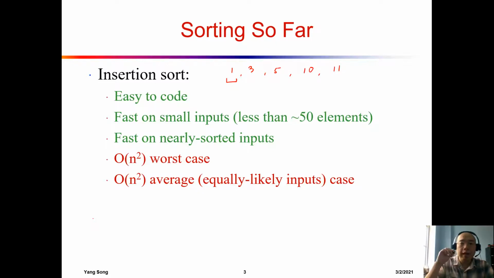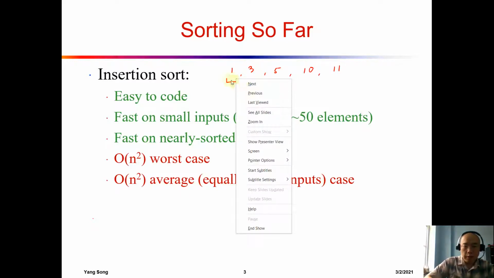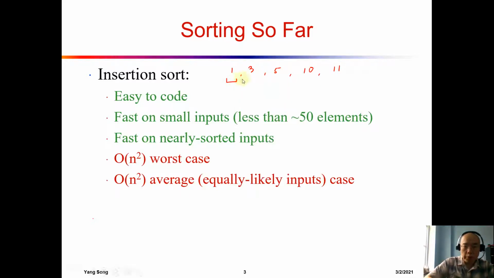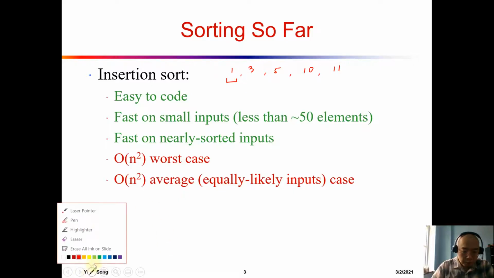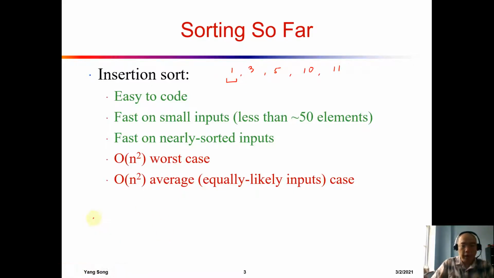And if that new value is not at the right place, we are going to insert it into the right place. Let me expand the sorted portion for now. So let's also include 3. When we include 3, you will see that 3 is already at the right place, so there is nothing to do.